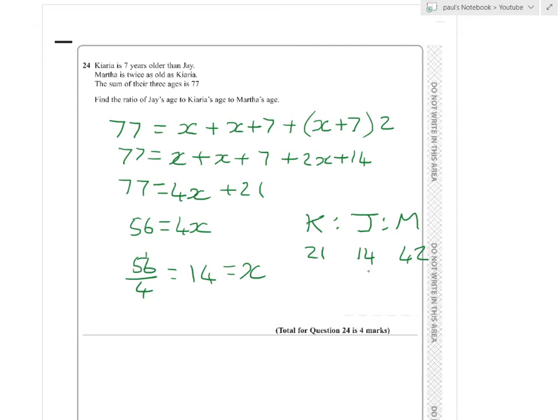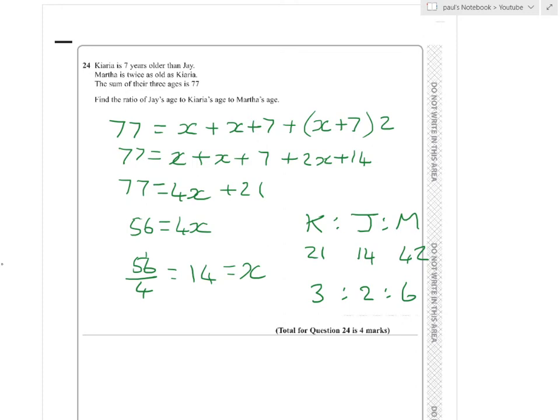Let me simplify that. Divide it all by 7. 2, 3, 6. What number is that? Let's count down here and make sure it's right.